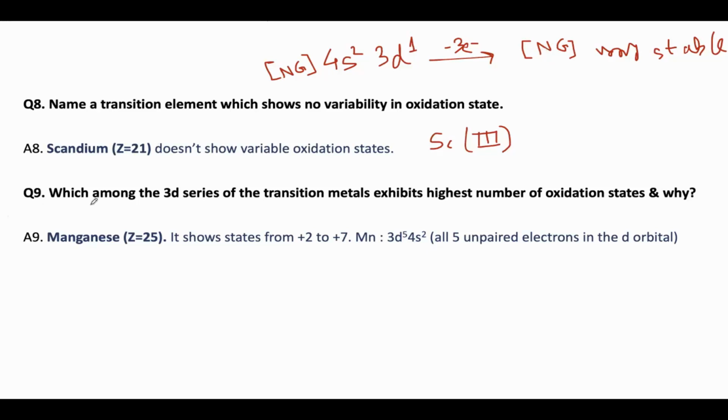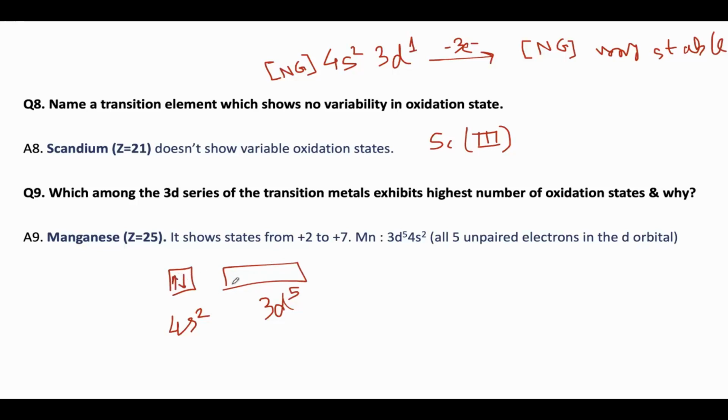The next question is, which among the 3d series of the transition elements exhibits the highest number of oxidation states? The answer is evident, that is manganese. Manganese has the electronic configuration 4s2, 3d5.